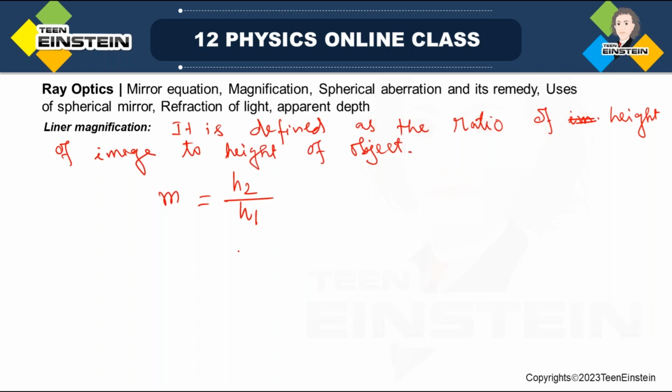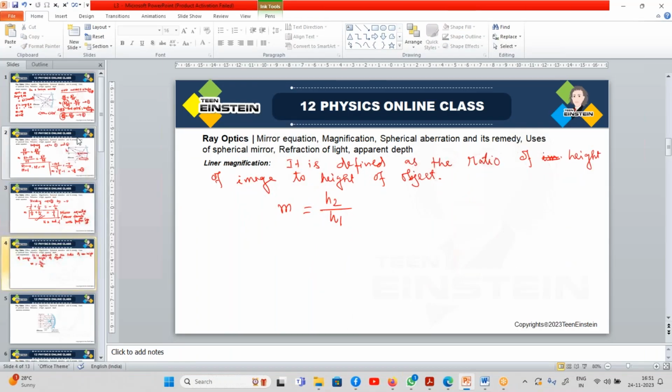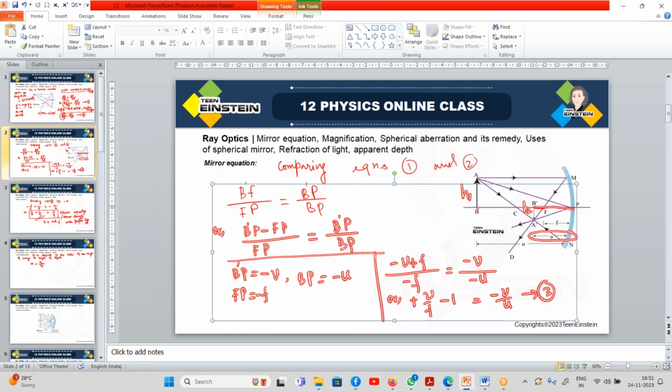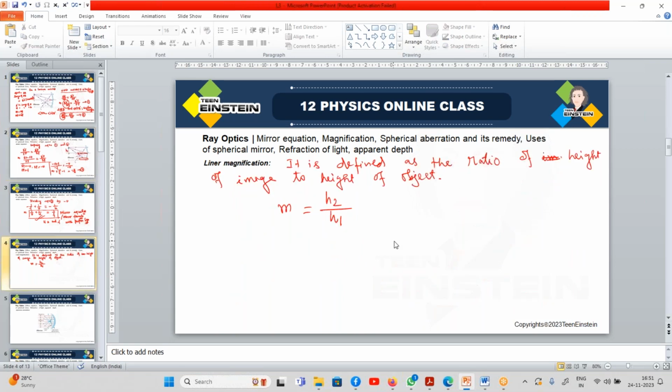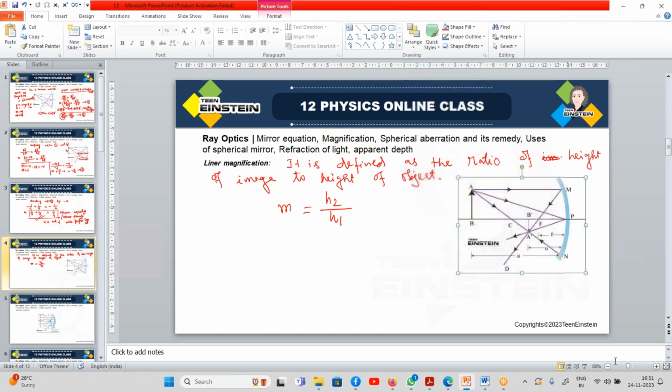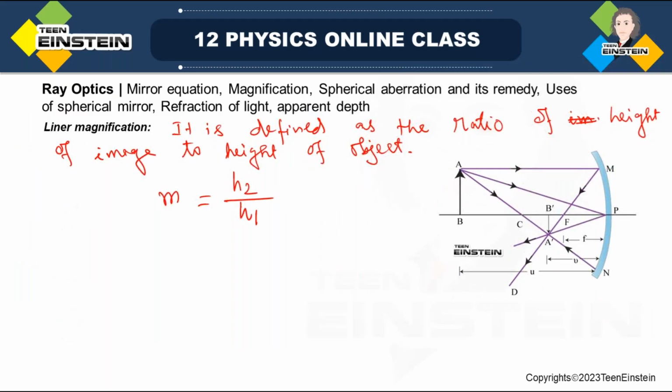Let me do one thing. I think I need this figure again. Just a minute. I need this particular figure here. The height of the object and height of the image may not always be possible to measure.